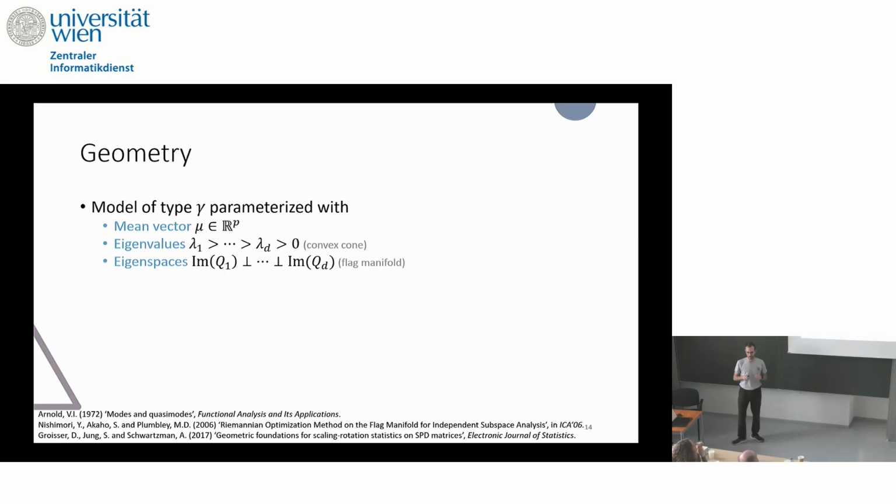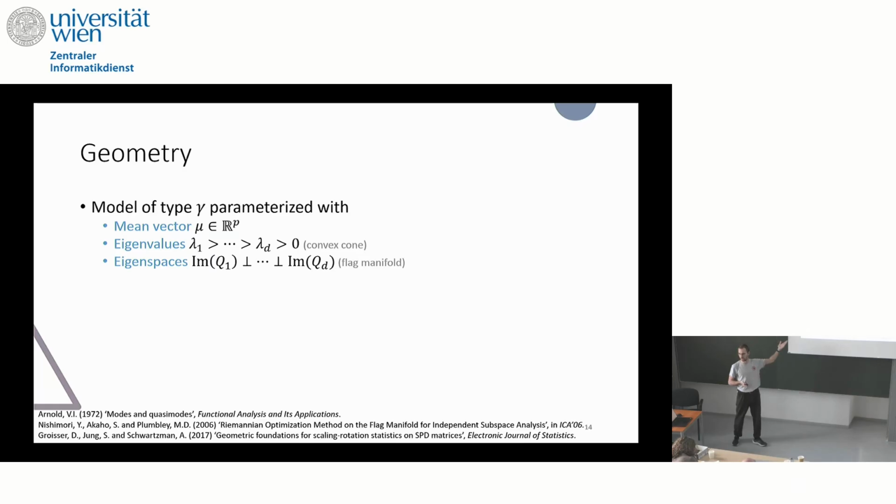There are a lot of geometers in the room, so I could not avoid a geometric analysis of the model, but I can go much more into detail in the questions. Basically, we want to know the geometry of the parameter space. So what are the parameters of our Gaussian distribution?